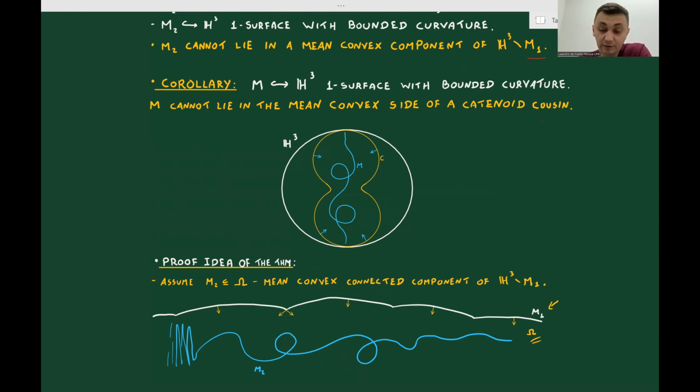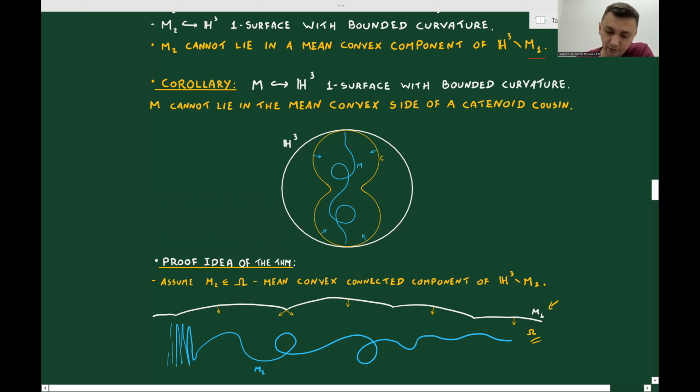So there they consider a one surface properly embedded, or maybe by Mazet we can just consider a one surface properly immersed. And here we can prove just a little result, but we can replace the surface inside the catenoid cousin.